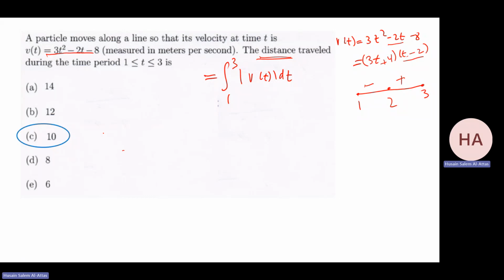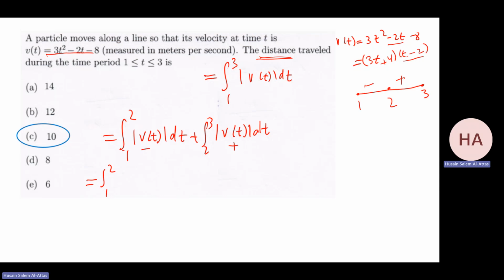So it will be 1 to 2, absolute value of v of t dt, plus 2 to 3, absolute value of v of t dt. Now this is negative and this is positive. So it will be 1 to 2, the negative, this is 8 plus 2t minus 3t squared dt. And this one, 2 to 3, 3t squared minus 2t minus 8 dt.